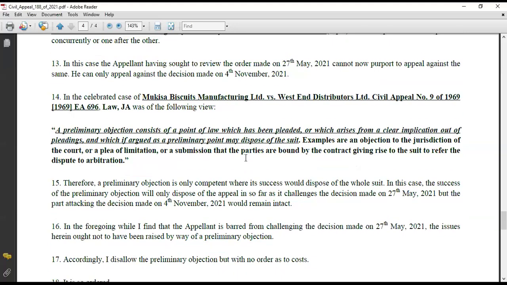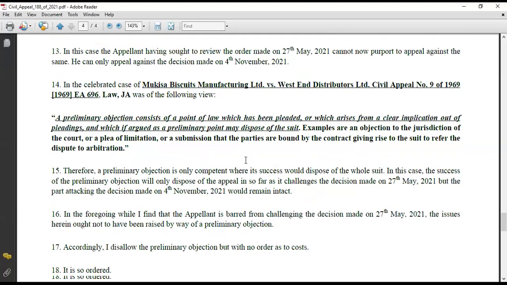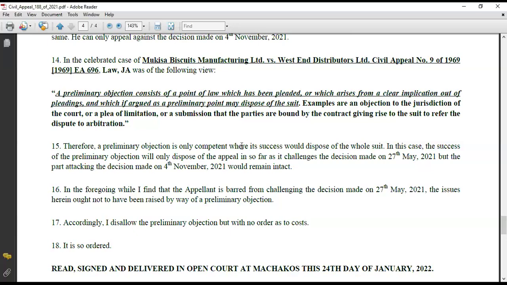So that was the answer to that question. So he was barred from challenging the earlier decision.